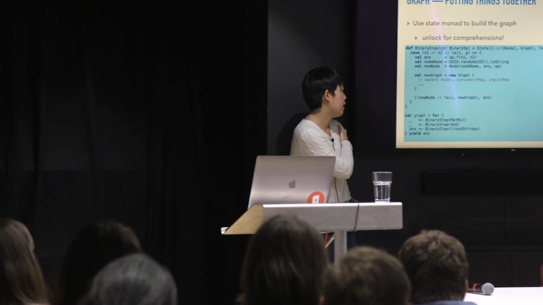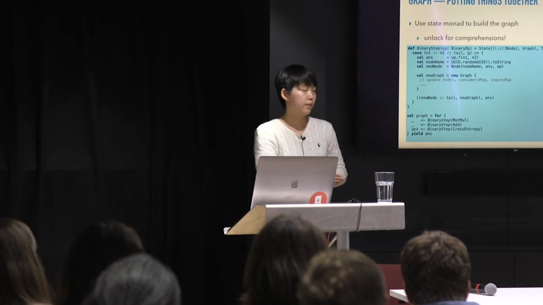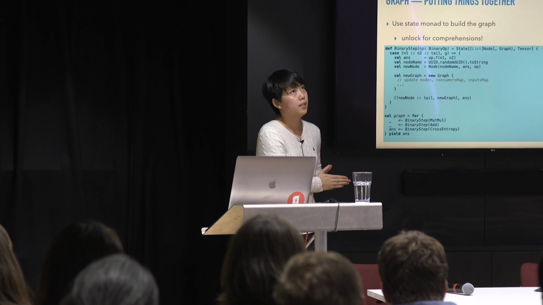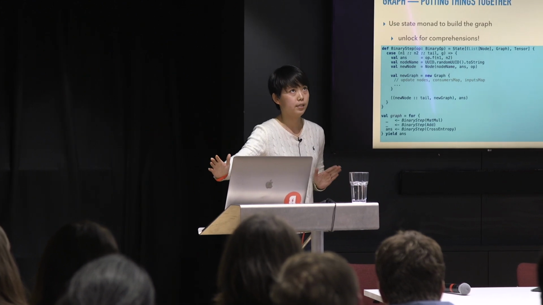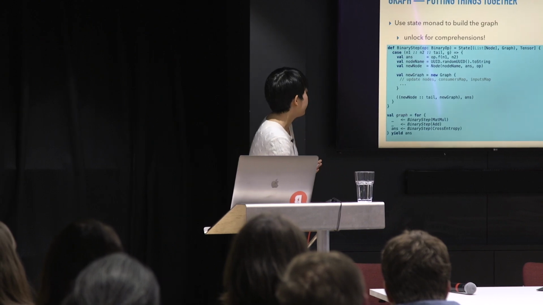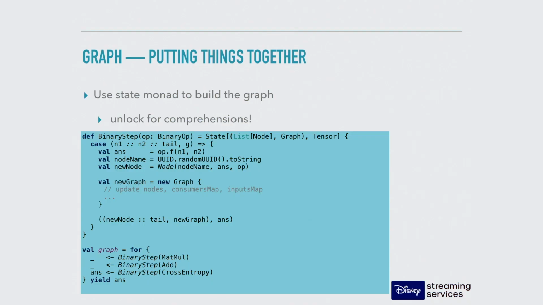Basically, you have a state monad, and in the process of constructing this state monad, you implicitly construct the graph itself. Then you can call backprop on this graph with regard to all of your input parameters. And this is pretty nice.